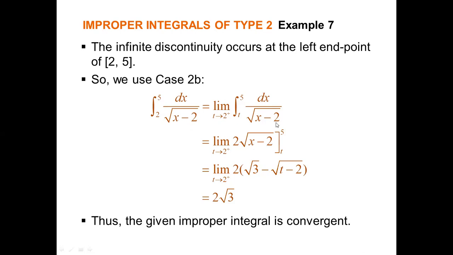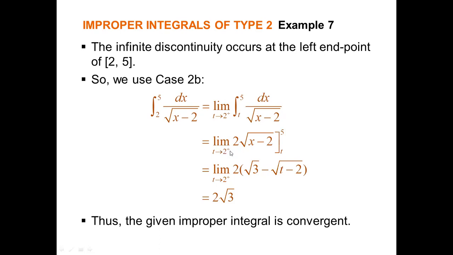If you're going to evaluate this using the power rule, you will have x minus 2 raised to 1/2 all over 1/2, which will yield 2 times the square root of x minus 2, right? Knowing the rules of exponents, you make the exponent of this expression negative 1/2. So the answer of this integral actually is this, and you will have the limit as t approaches 2 from the right.